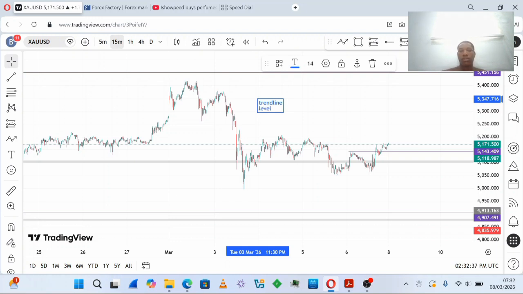And levels. And the last one, I look out for a change of minor structure. Minor structure.